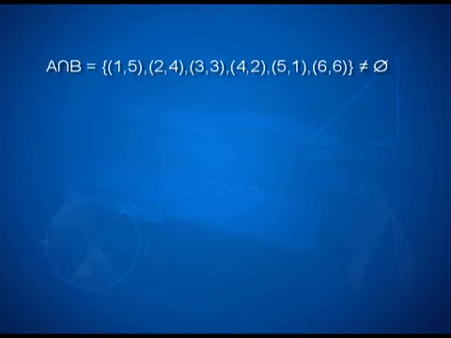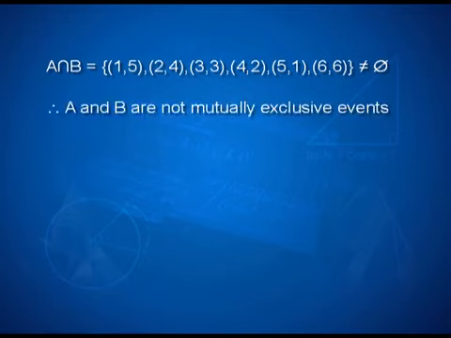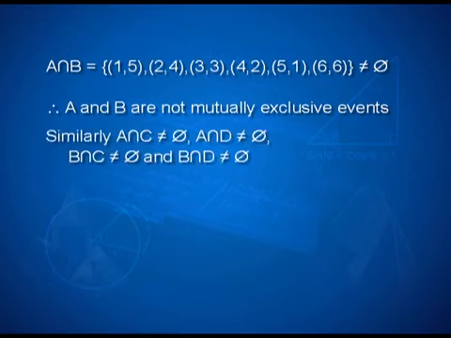We know that A intersection B = {(1,5), (2,4), (3,3), (4,2), (5,1), (6,6)}, that is not equal to phi. Therefore, A and B are not mutually exclusive events. Similarly, A intersection C is not equal to phi. A intersection D is not equal to phi.